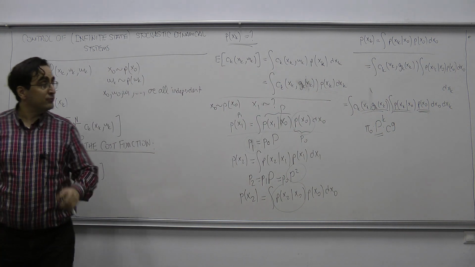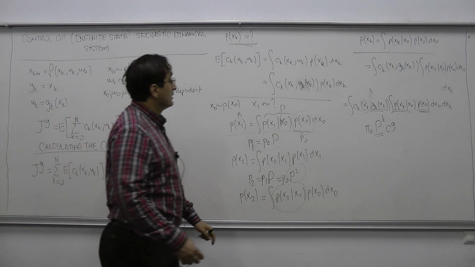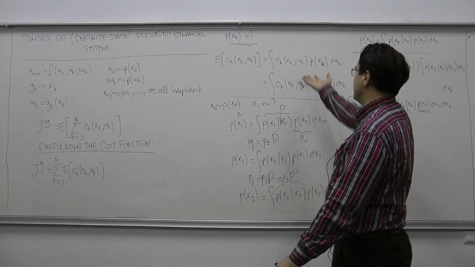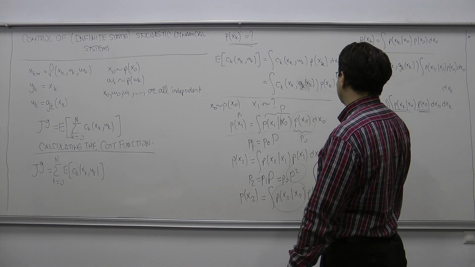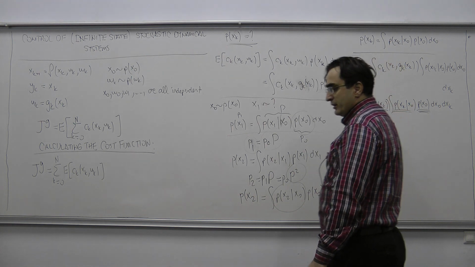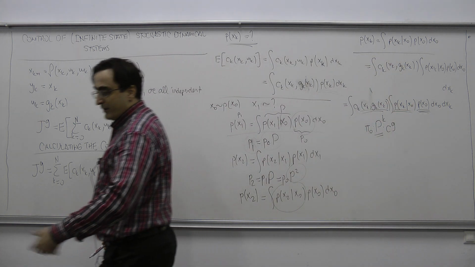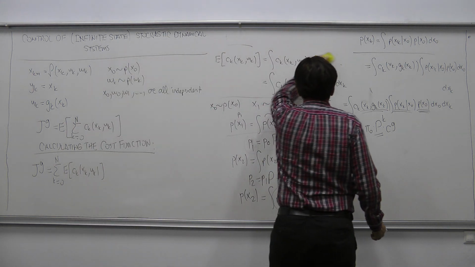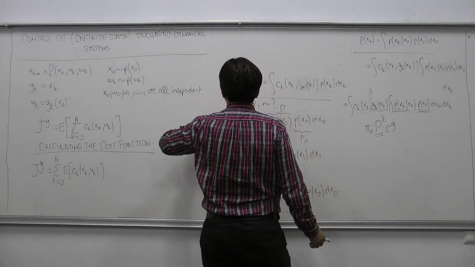So this is the first way of calculating the cost, and we can of course do this and we can solve examples on this, but this is not going to be useful for us in the case of control. So we are going to directly go into the second way of calculating the cost, which is the recursive way.